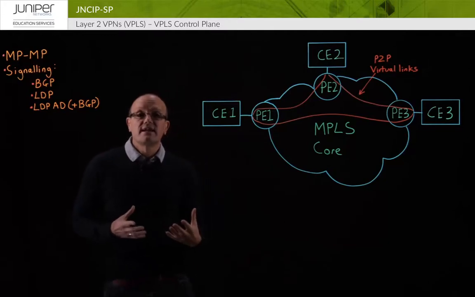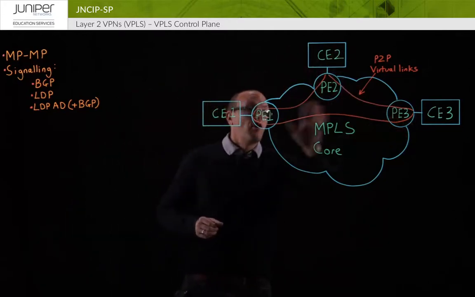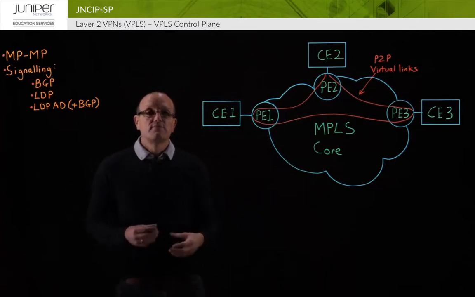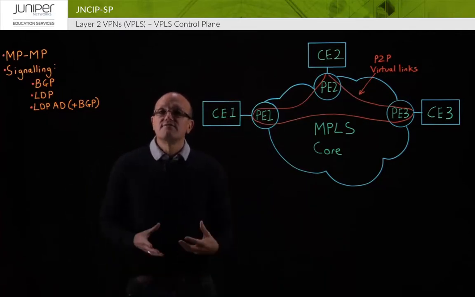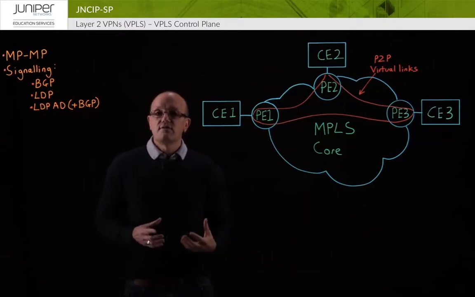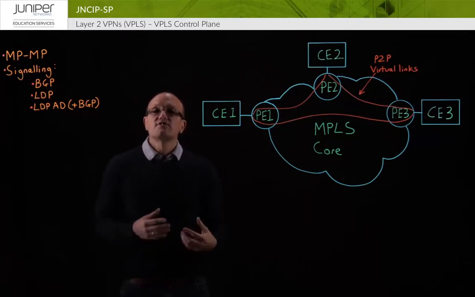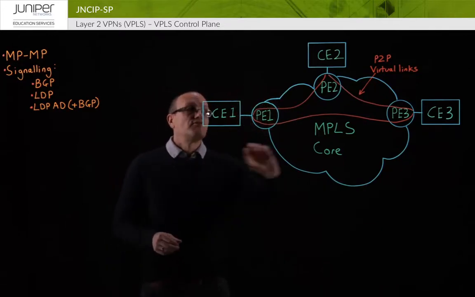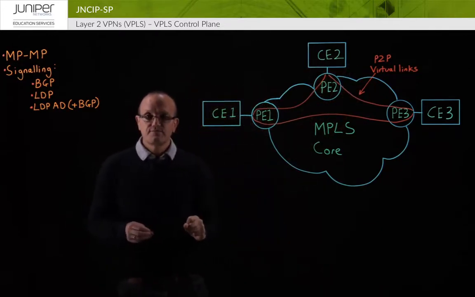This basically allows us to form this full mesh of virtual links. So VPLS is actually easier to configure on Juniper devices than configuring the layer 2 VPN virtual circuits. We're just removing that binding of local interface to remote site ID.